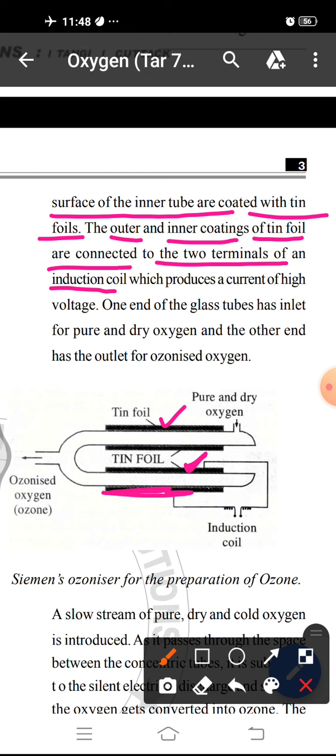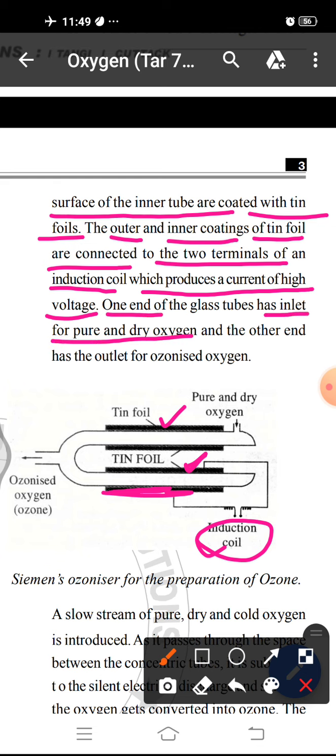Both the outer and inner tin foils are connected to the two terminals of the induction coil, which produces a current of high voltage. The glass tube has one end for the inlet of pure and dry oxygen, and the other end is the outlet for ozonized oxygen.